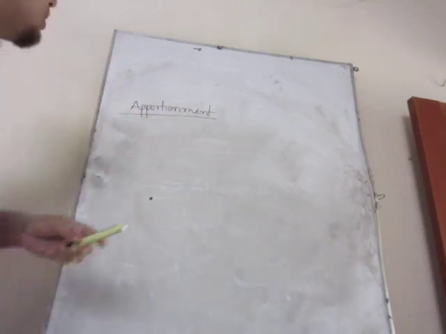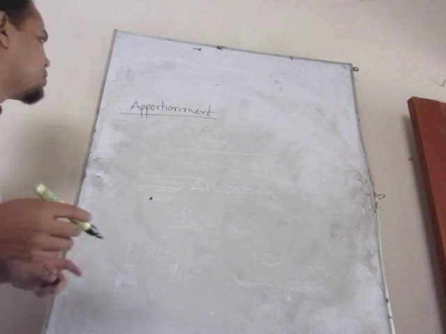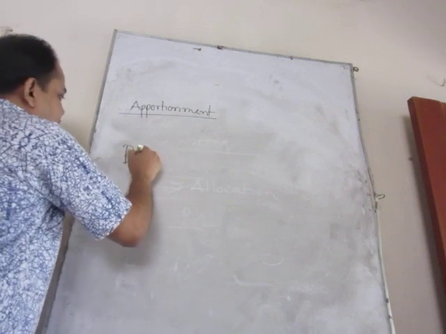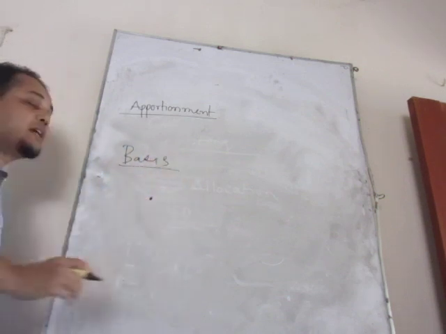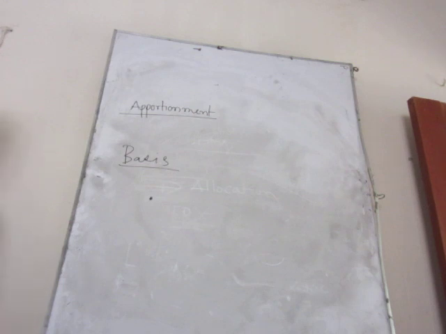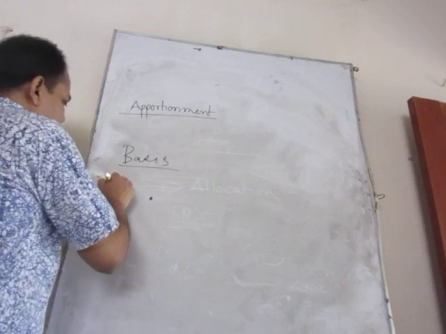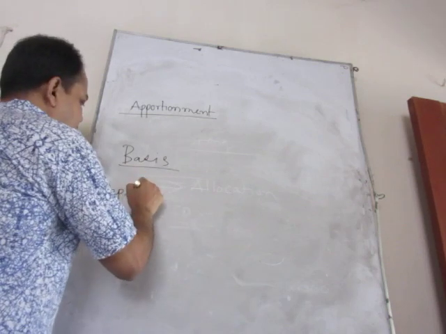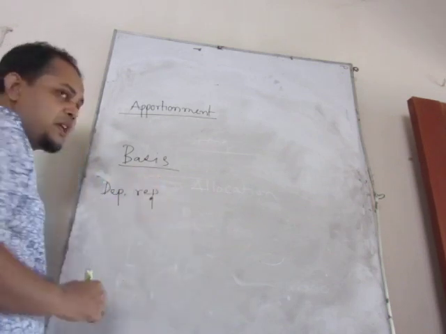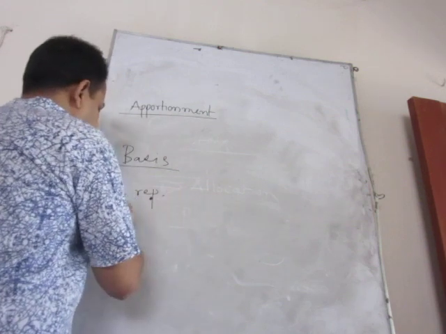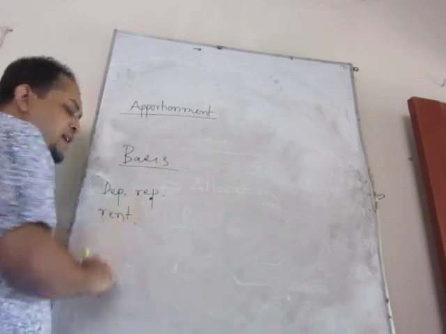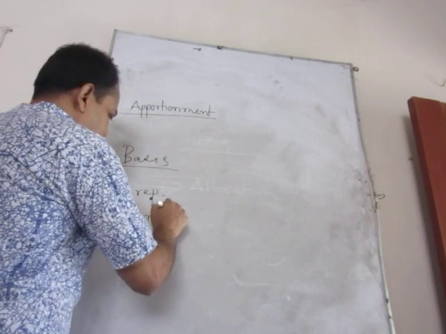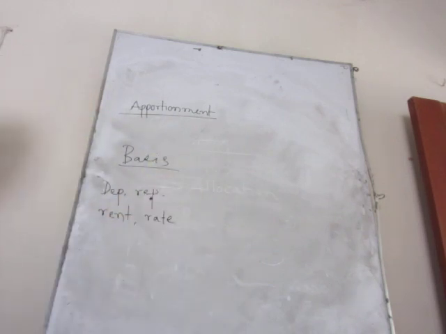Now, just before talking about apportionment, some basis I want to say. You have to memorize this. Depreciation, repair and maintenance, rent and rate.